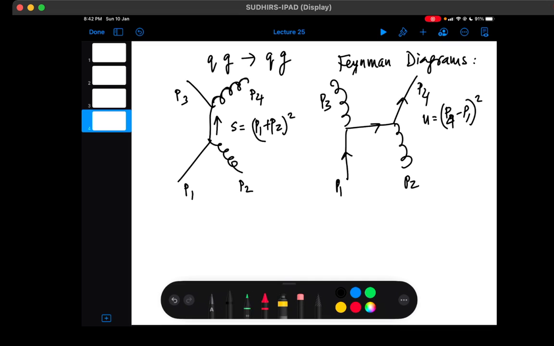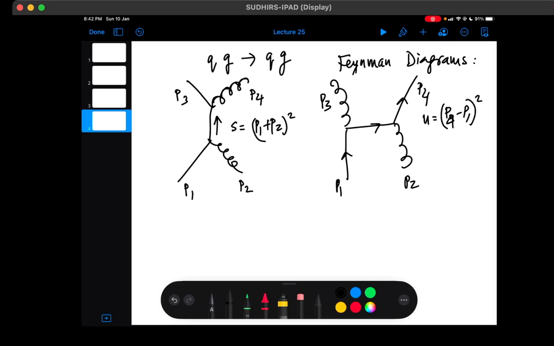Okay, and then we have the quark factor, which is outgoing, u bar P3 with the color factor c dagger. And the propagator of the quark, let me call it Q slash minus m_f.